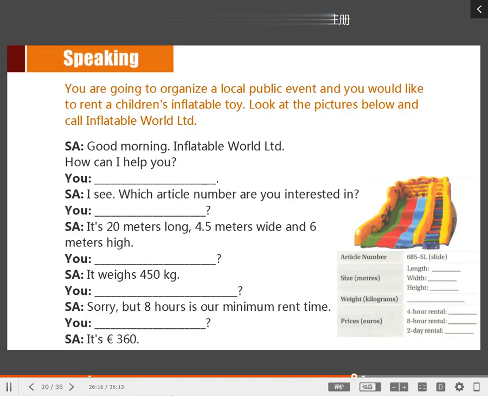Now here, let's practice your speaking. So suppose you are going to organize a local public event and you would like to rent a children's inflatable toy, like an inflatable castle or inflatable slide. Here, take a look at the picture below and call Inflatable World Limited.